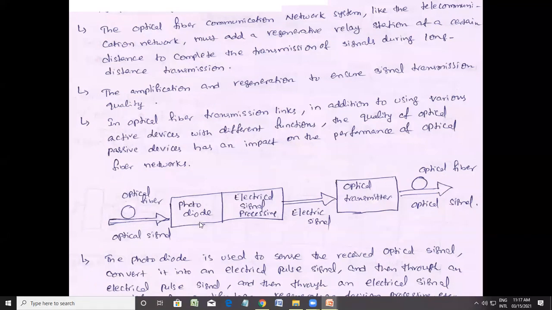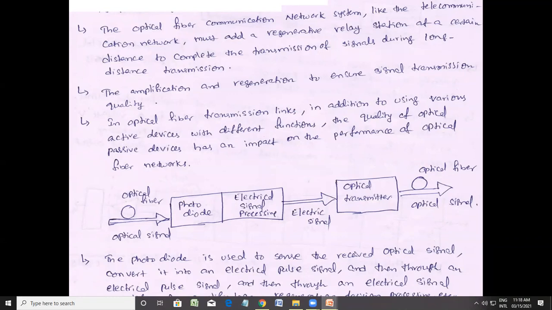The first block of the optical repeater is the photodiode. Why are we using a photodiode here? The input signal is an optical signal, which is converted from optical to electrical first, because an amplifier supports electrical signals, not light signals.